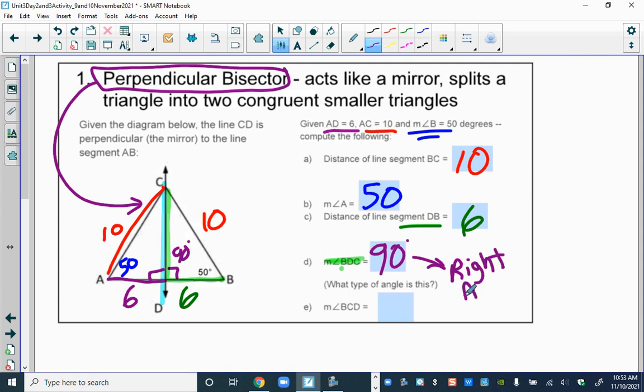Now, we need one other angle. This last one, it says we start at B. Now, do we go up and left to get to C? Up and left.